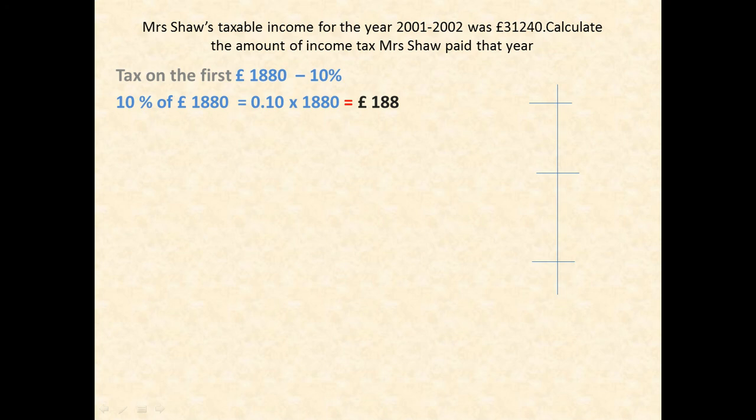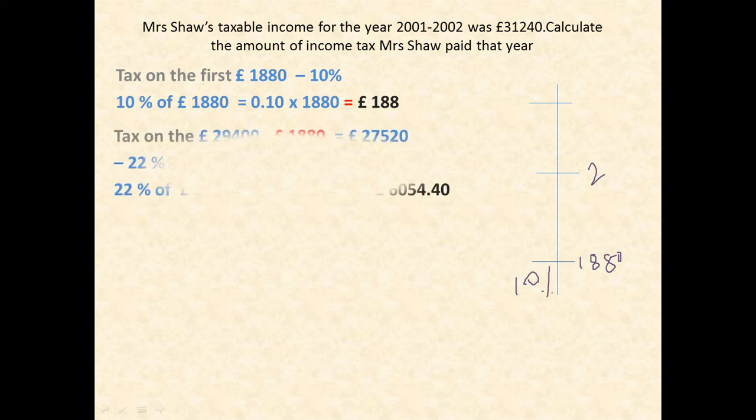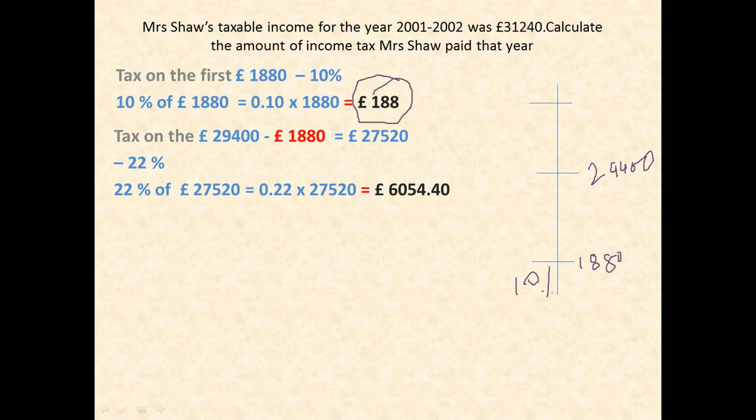We'll work it out here on the ladder again. Up to 1880 pounds, based on the slabs, it is 10%. Then from 1880 to 29,400. Now this money has already been paid. 1880 comes out of his income. He's paid the income tax, which is 10% on 1880, 188 pounds.